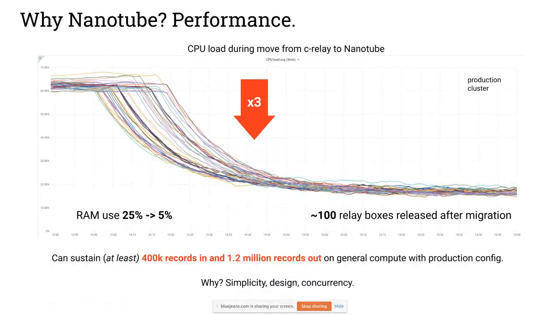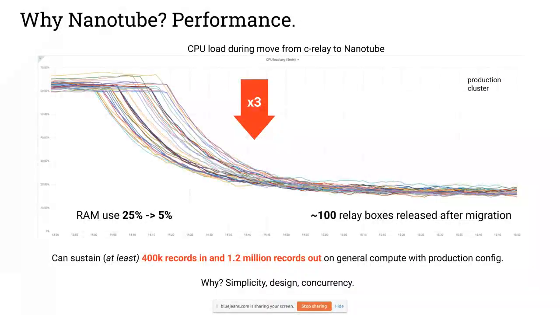And the initial allocation was more than 200 boxes, and so we saved around 100. So we reduced the fleet not in half, but something in between 1/3 and half, I think.